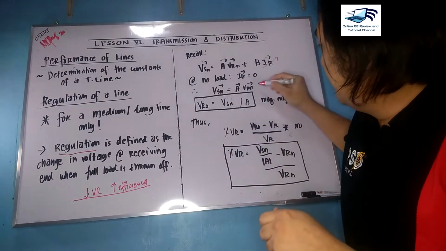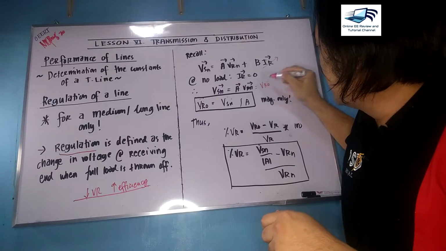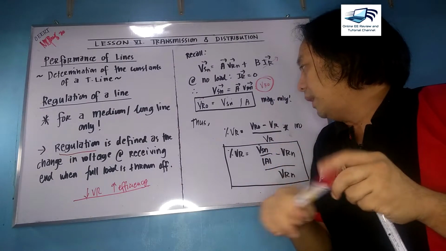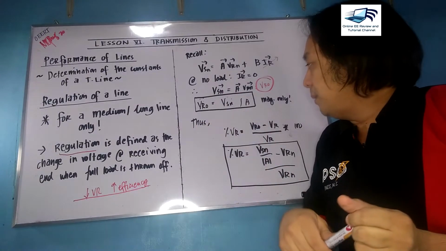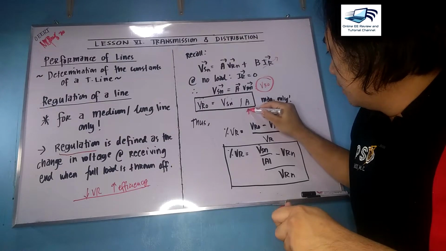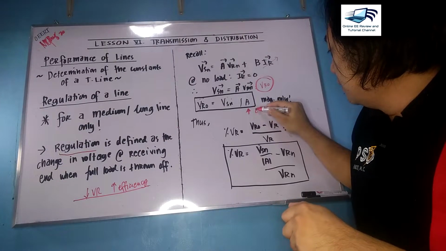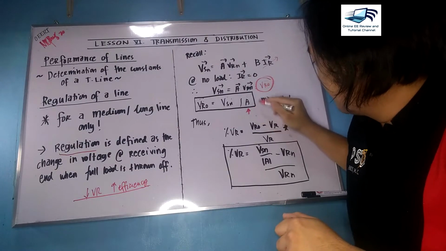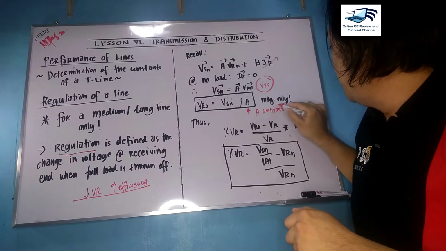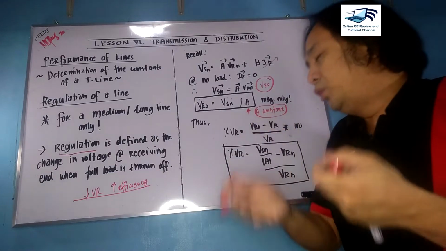But this VRN here is definitely your open circuit voltage, I could say VRO. Now we can get VRO simply as VSN all over whatever the A constant of the line, of a certain transmission line, if that is short, medium, or long.